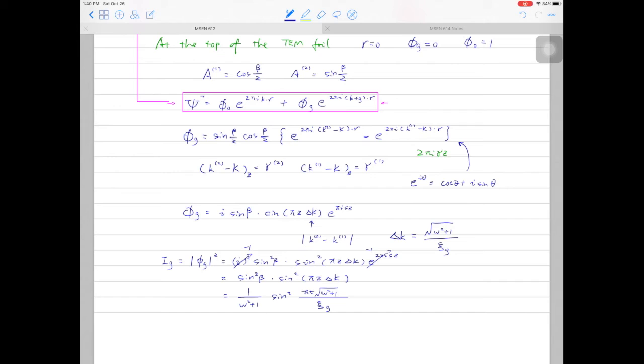So introducing a new term called S effective. It's the effective excitation error. It is defined as this.